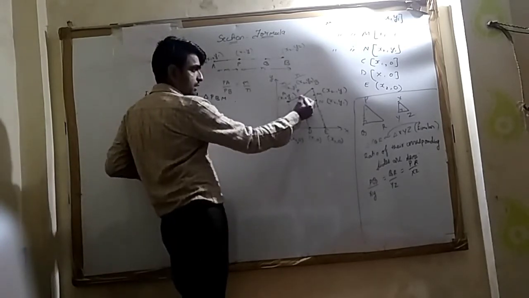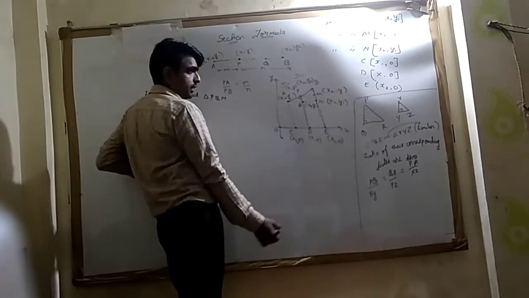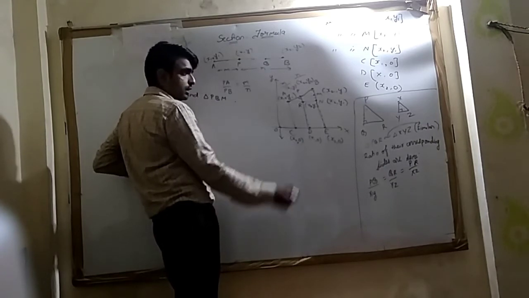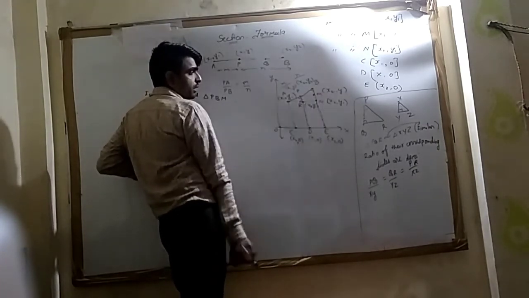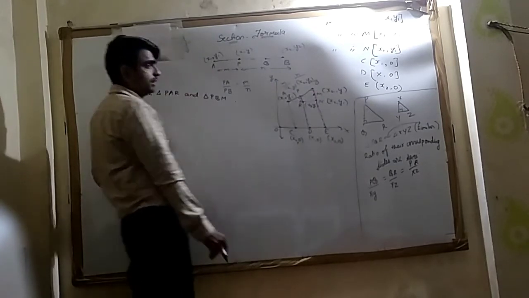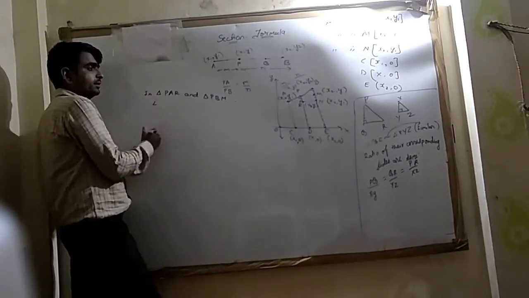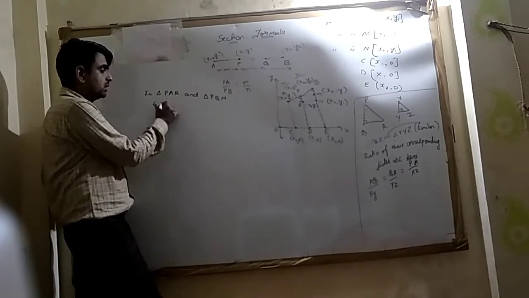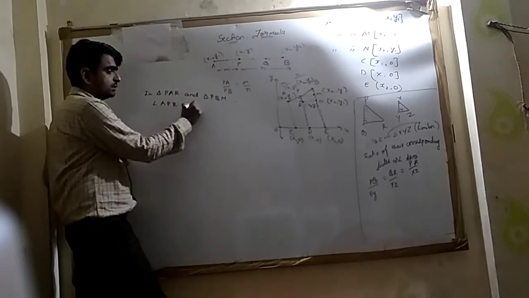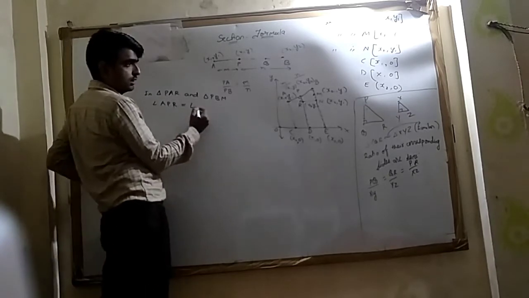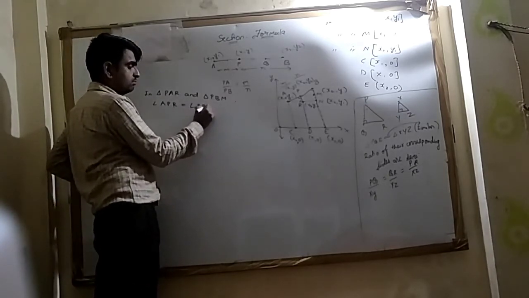So these angles will be same, corresponding angles. Okay. And we have drawn perpendicular. So these will be angles of 90 degree. So I can write angle APR is equal to angle PBM.